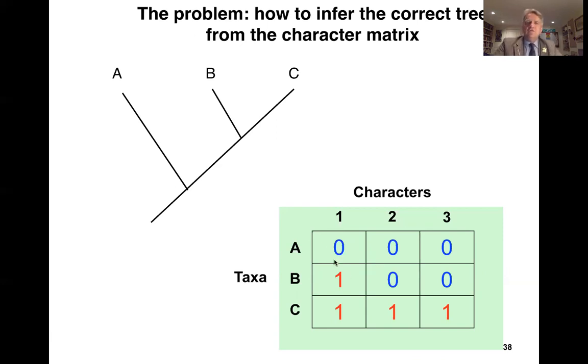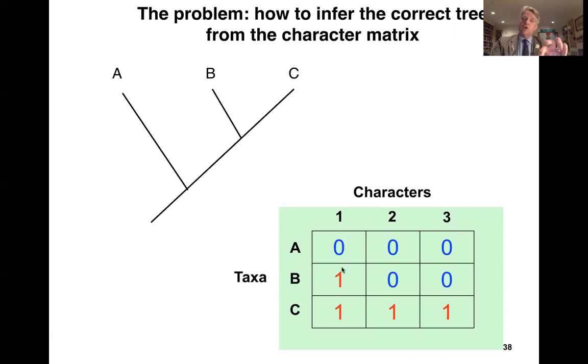Okay, this is the way character matrices look. The taxa, the species or lineages that we're inferring the phylogeny for, are here in the rows. And the columns represent the characters, and the ones and zeros could be 0, 1, 2, A, G, T, C. The varying traits here, whether 0, 1, or A, G, T, C, represent the different states at that character.